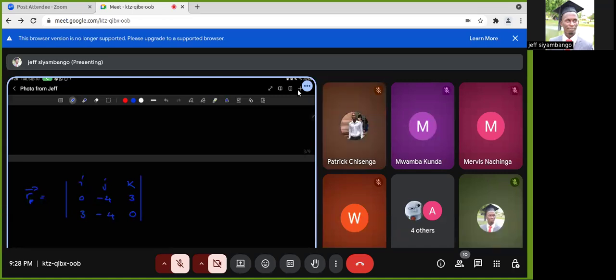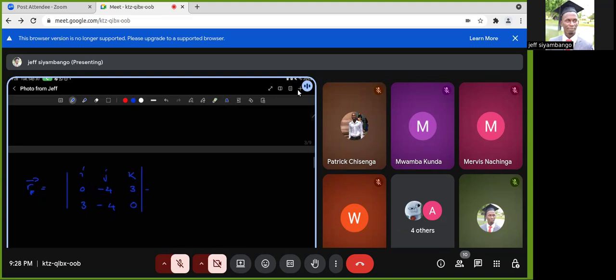So from here, we know how this works. We get i: minus 4 by 0, that's 0, minus 3 by minus 4, that will be minus 12, making this positive. Then minus j: 0 by 0 will be 0, minus 3 by 3, that will be 9.